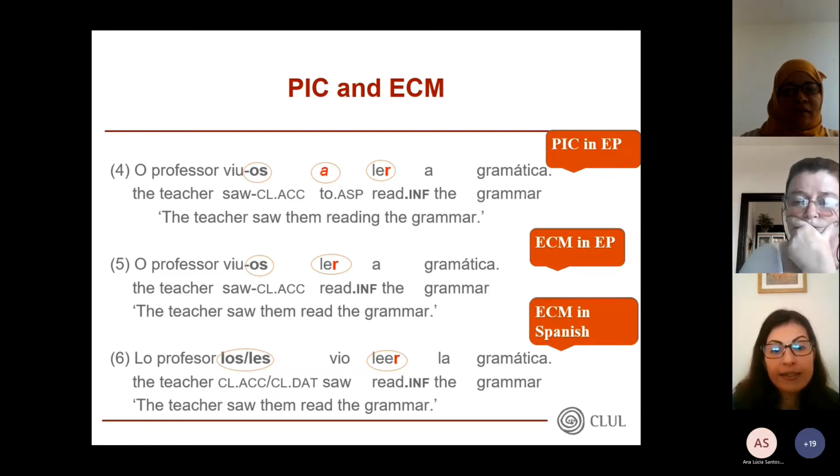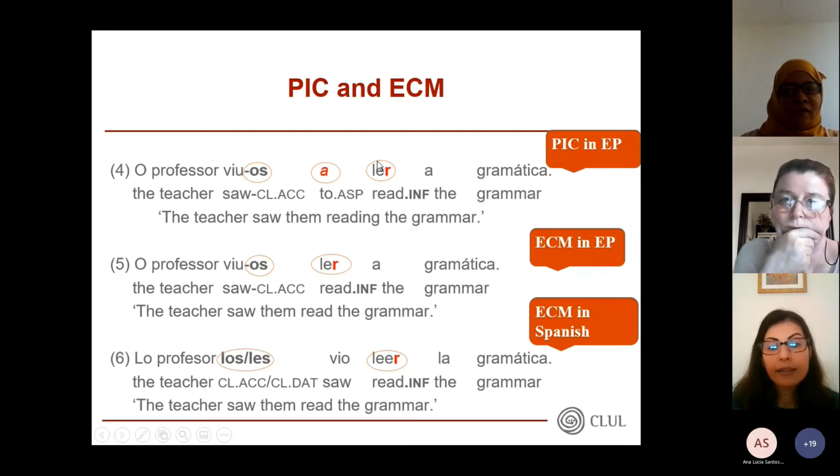And as we can see on the surface, these structures differ by the presence or absence of this aspectual head, the preposition a. Both structures have an accusative embedded subject in Spanish, with the possibility of leísmo, of course, but still an accusative subject, and an infinitival verb form.